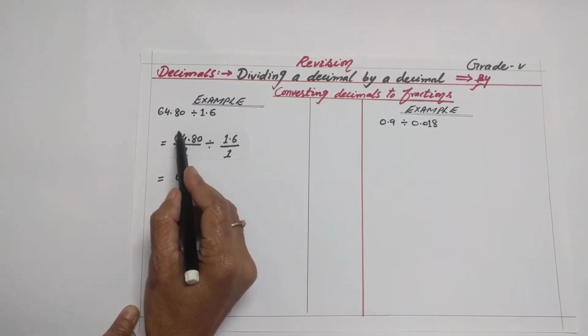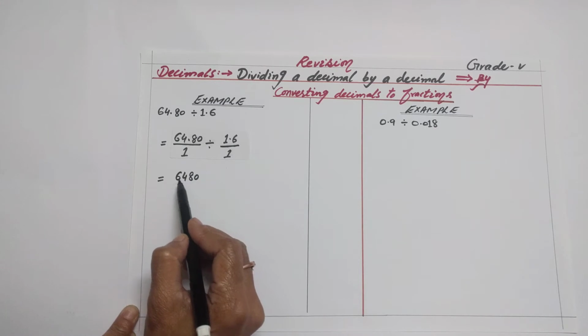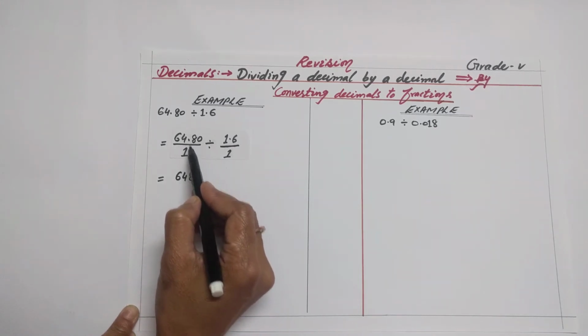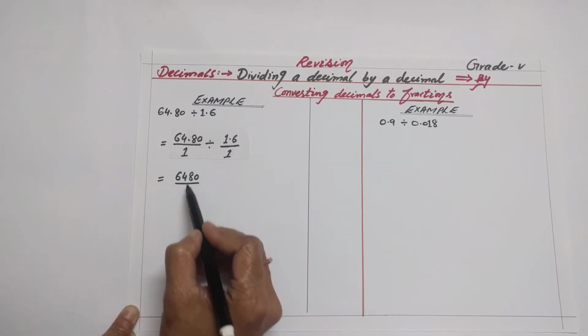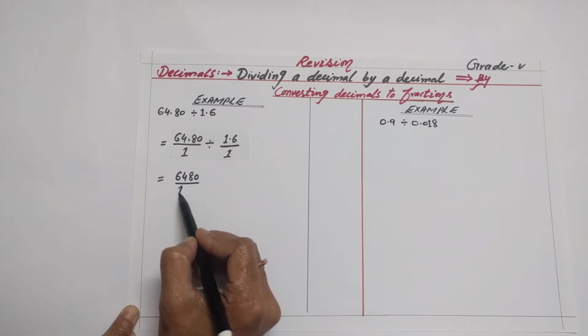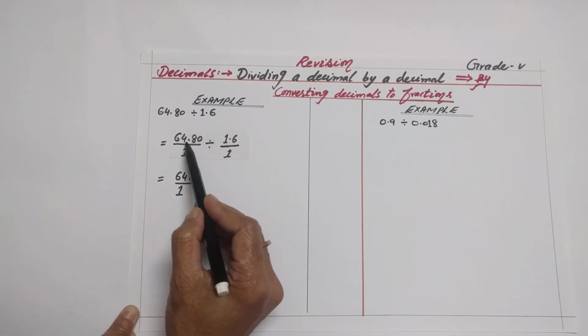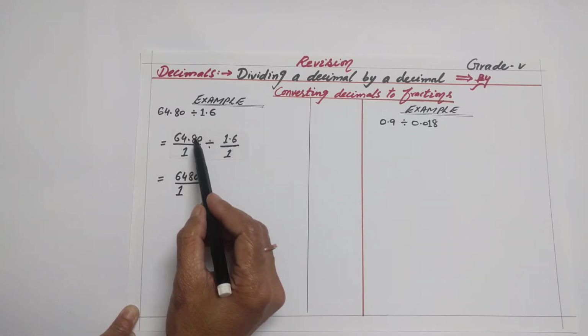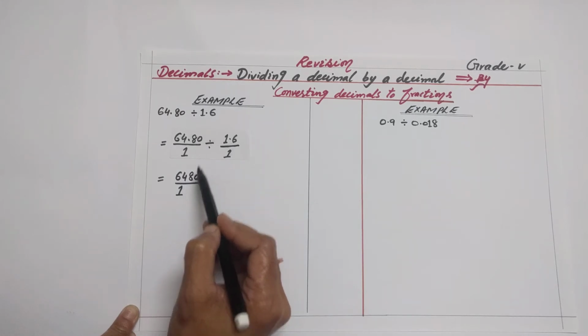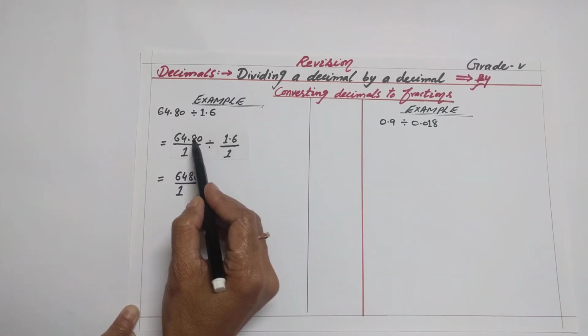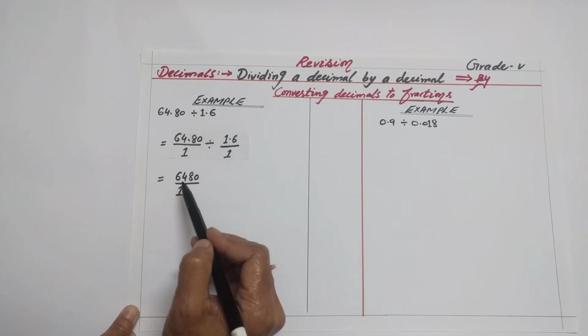When we are removing this decimal from this decimal number, we will put zeros in the denominator according to the decimal places of that decimal number.